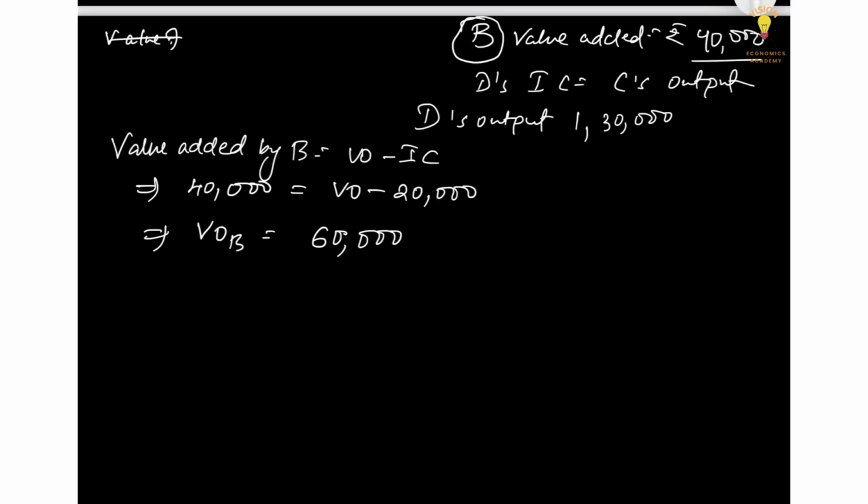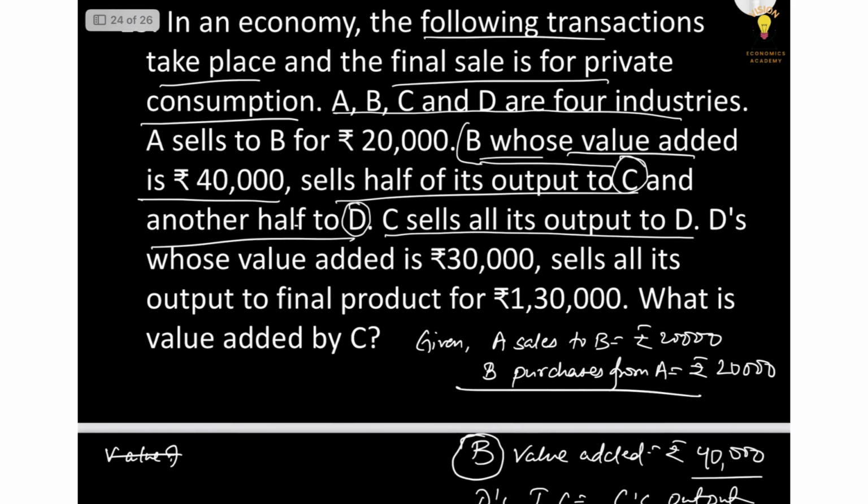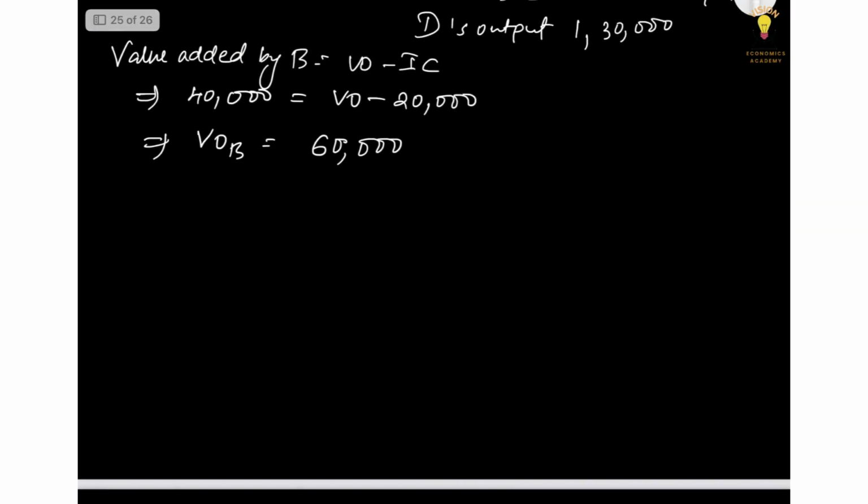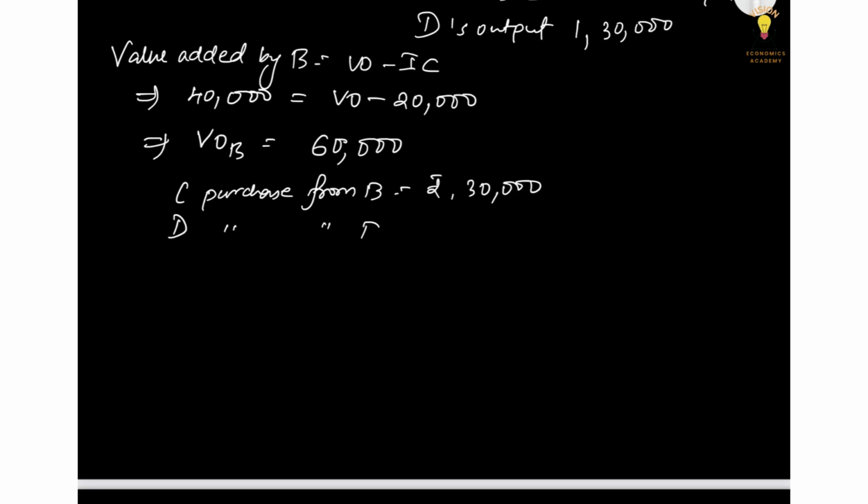Now we know that B sells half of its output to C and half to D. So C's purchase from B, that is C's intermediate cost, becomes 30,000, and D's purchase from B is worth 30,000.